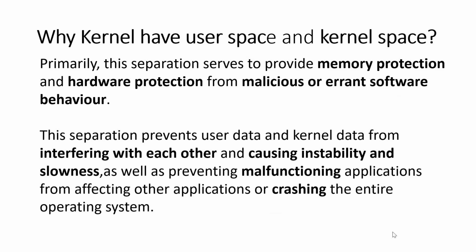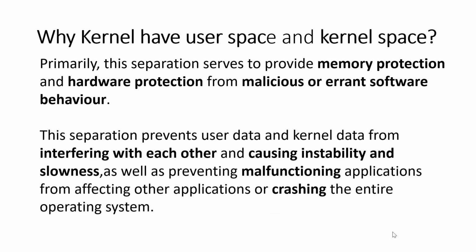Primarily, this separation provides memory protection and hardware protection from what? Malicious and irritating software behavior by the user. That means your program should not create instability in the kernel.